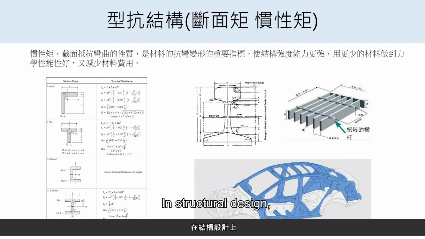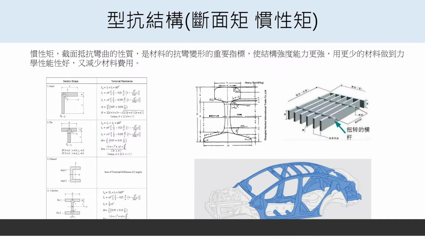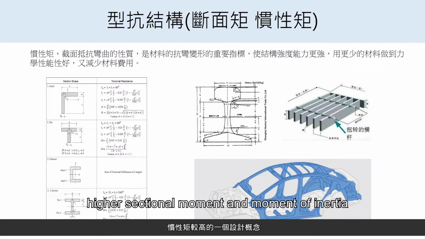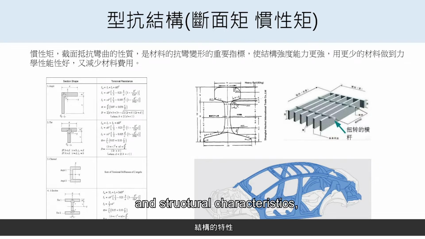In structural design, form-resistant structure is also a very important concept. The form-resistant structure uses the design concept of higher sectional moment and moment of inertia, which, with lower material usage, can achieve better mechanical and structural characteristics, reduce the use of materials, and improve the strength of the structure.